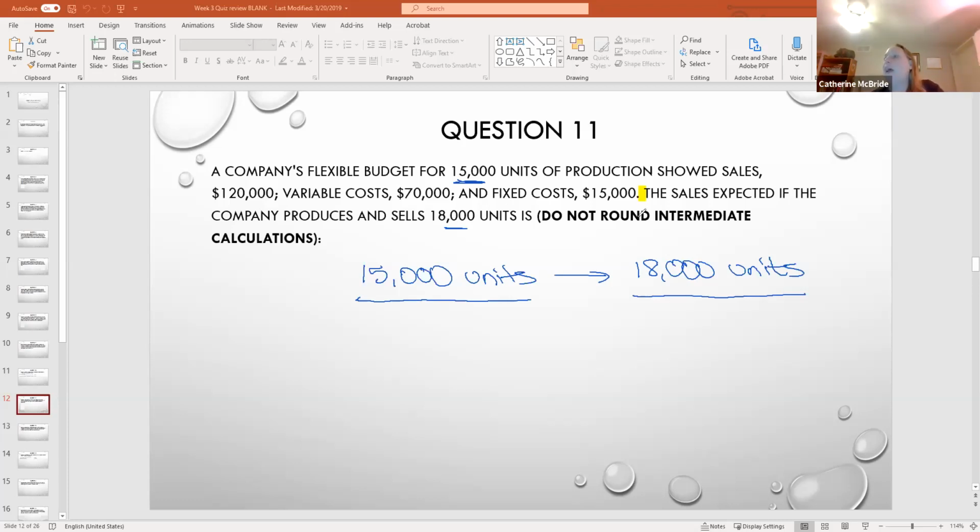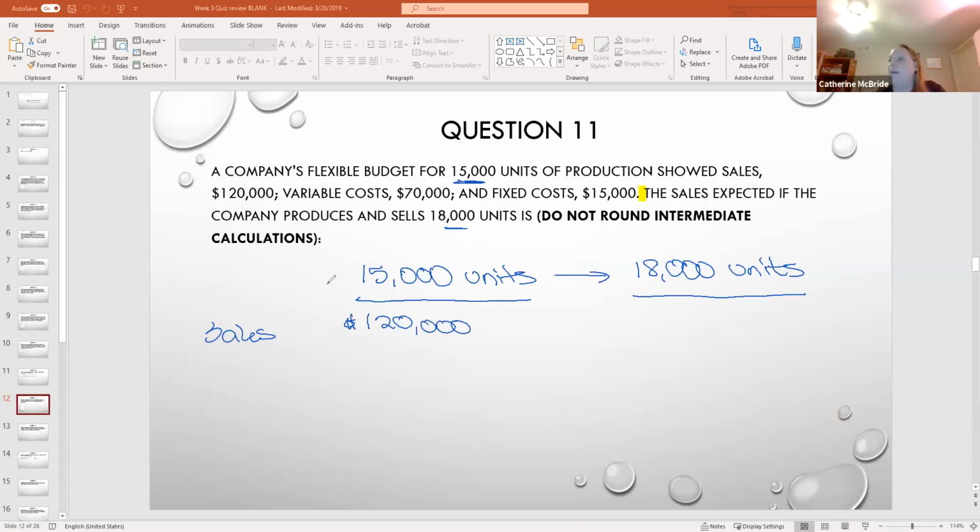So we know the budget showed sales of 120,000 when it's 15,000 units.